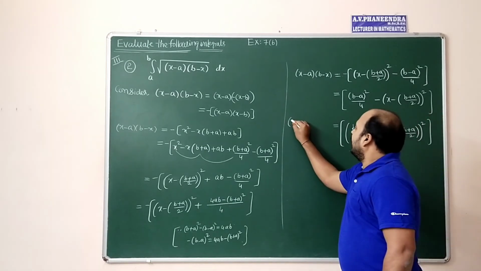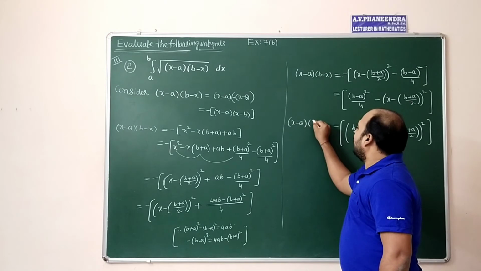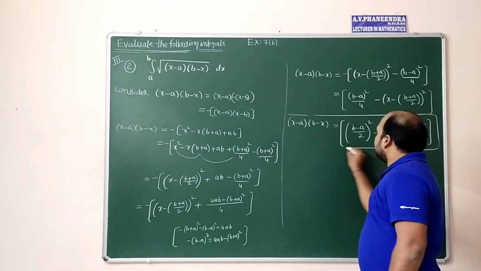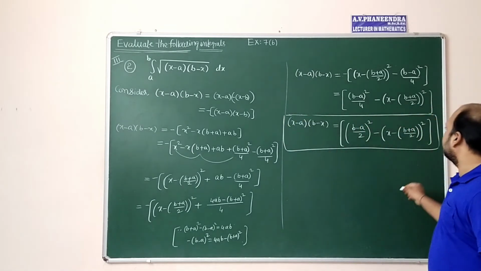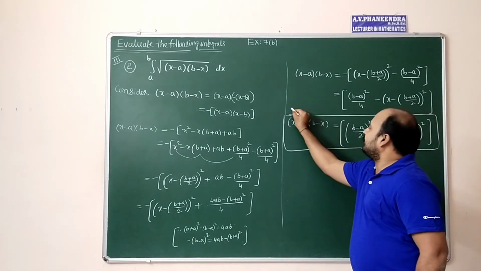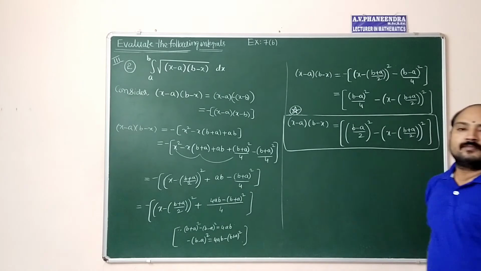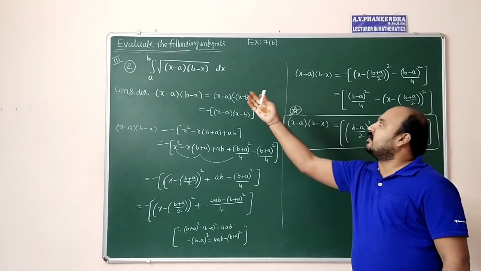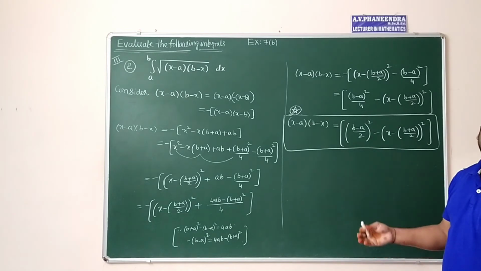Now (x minus a) into (b minus x) can be expressed as, you remember, this result we will use in the coming steps. This is a very important step. After that, consider the given integral and apply the proper formula.